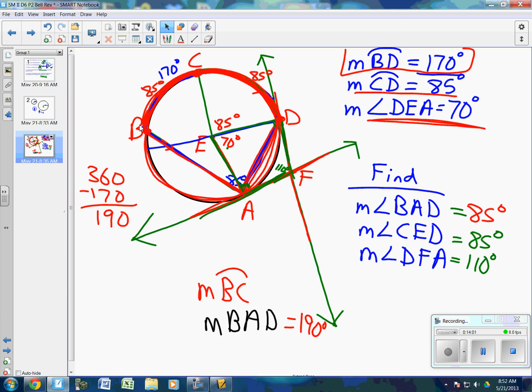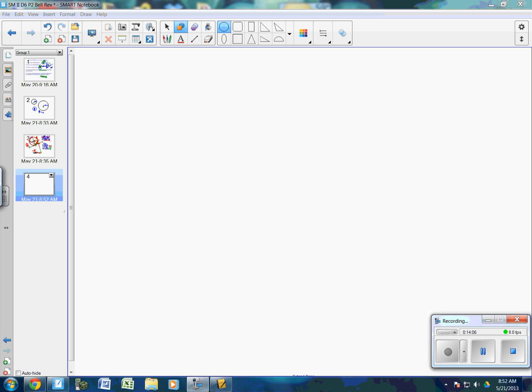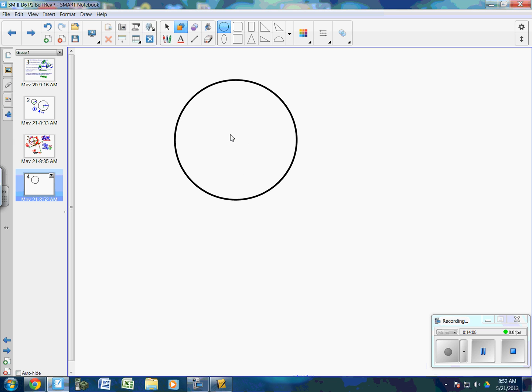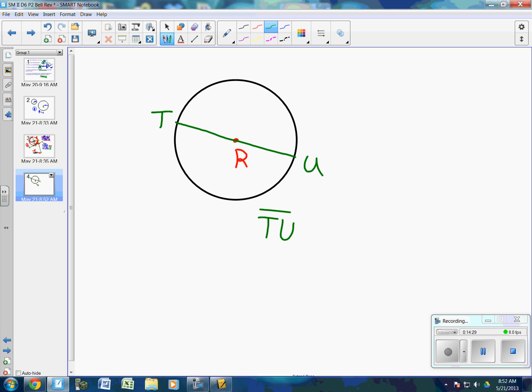Let's see if I've got anything else here I need to go over. Okay, you guys, let's say I have a circle right here, and let's say this is circle R. And let's say that it has a diameter running through it. That's diameter TU. So TU is a diameter.